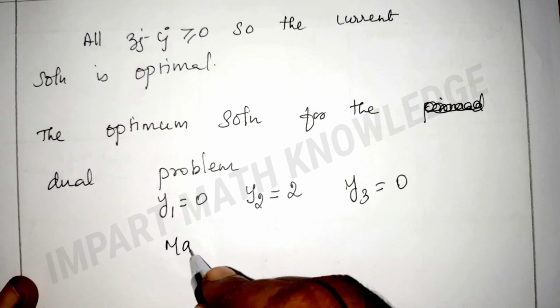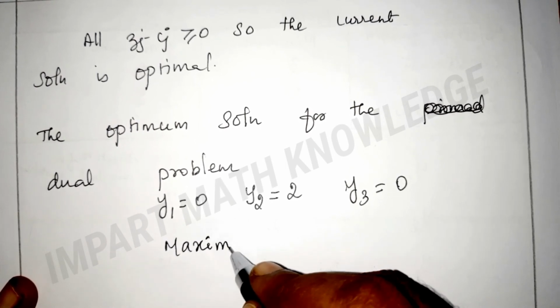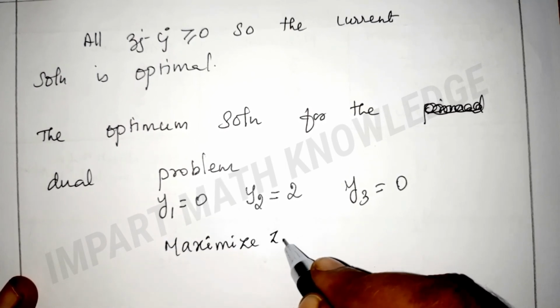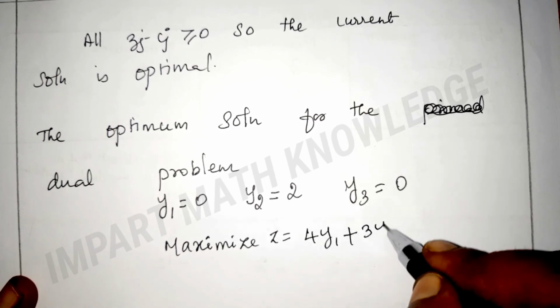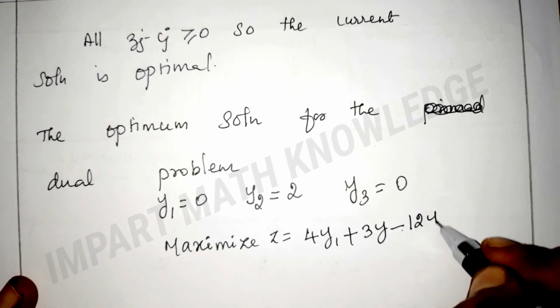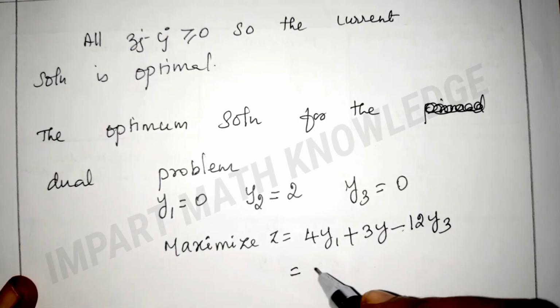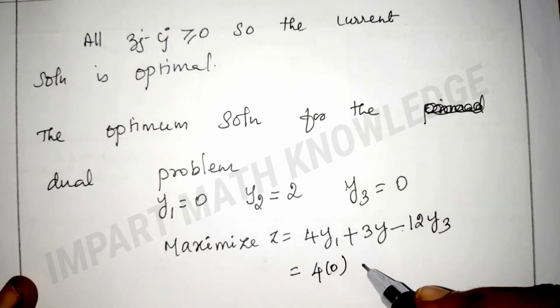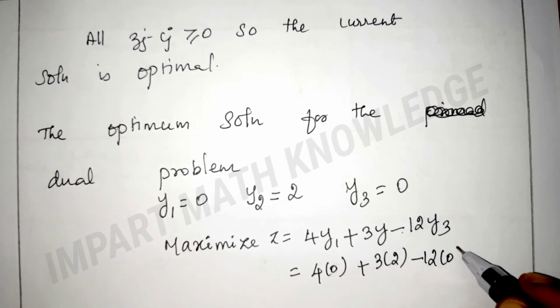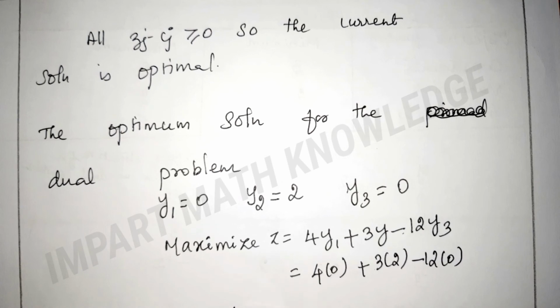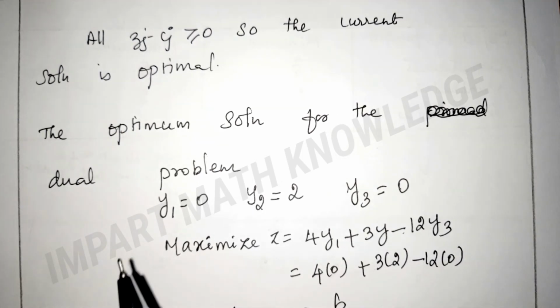Your dual problem objective function is maximize z is equal to 4y1 plus 3y2 minus 12y3. If you substitute the values, you will get 4 into 0 plus 3 into 2 minus 12 into 0. So max z is equal to 6.